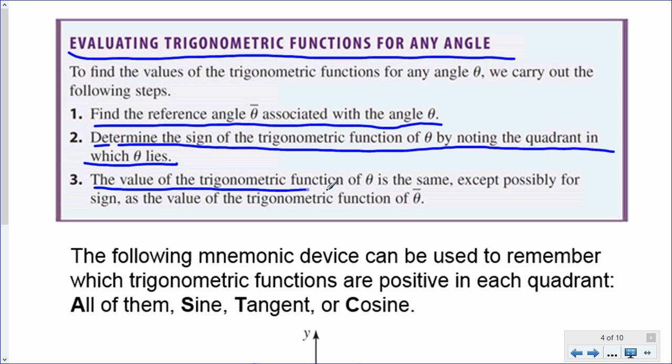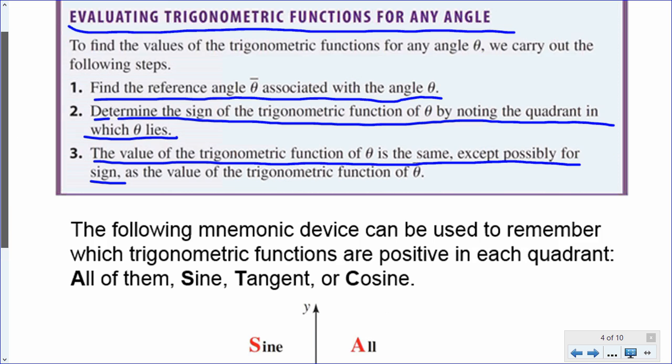The value of the trig function is the same, except possibly for the sign. So whatever angle you are finding the trig functions for, if you find the reference angle, the trig functions are going to be the same for theta and the reference angle, except for maybe the signs. It depends on what quadrant theta is in.